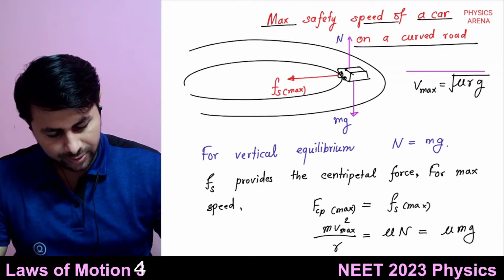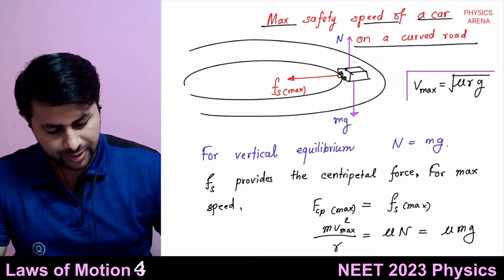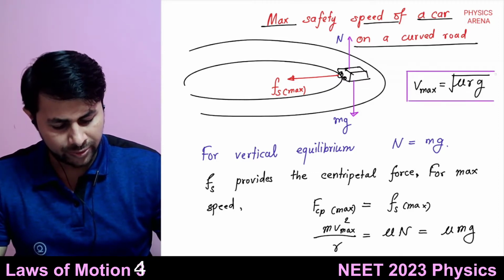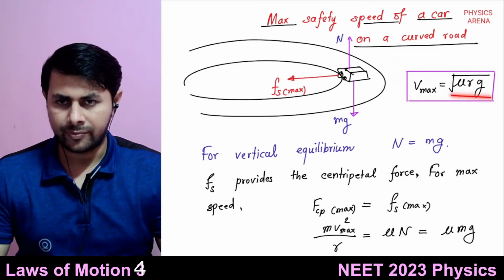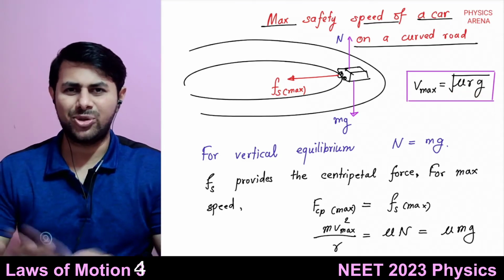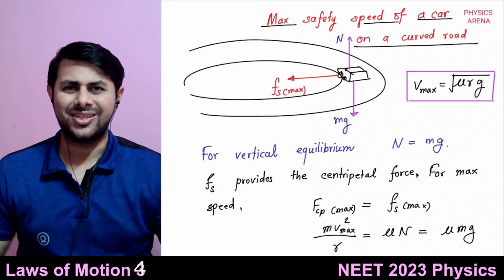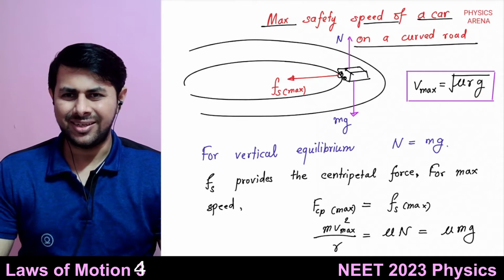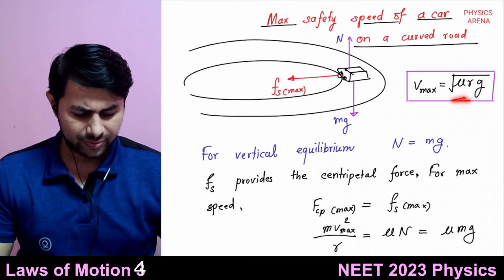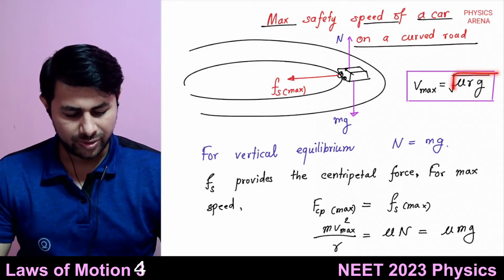So the safety speed limit along a curved road is square root of mu rg. You would be seeing boards on a curved road, 20 kilometers per hour is the speed limit, right? This is how they find it out.